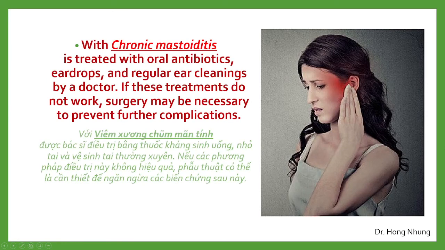Chronic mastoiditis is treated with oral antibiotics, ear drops, and regular ear cleanings by a doctor. If the treatments do not work, surgery may be necessary to prevent further complications.